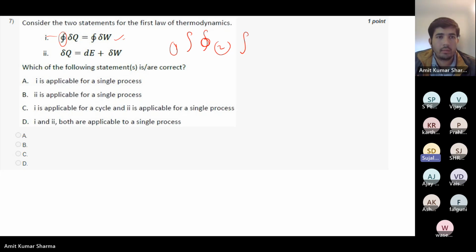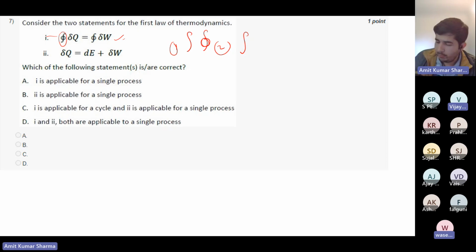One changes the internal energy of the system, and the second part of the heat is converted into work. So this equation simply says what the effect of heat and work interactions is on the energy of the system, the internal energy. So this equation is saying it is a process. Is option B correct or not? B is correct, because statement 2 is applicable for a single process.